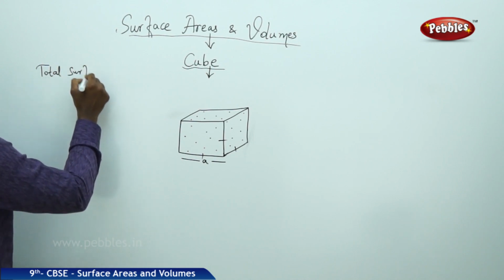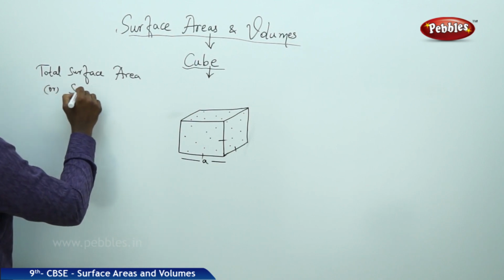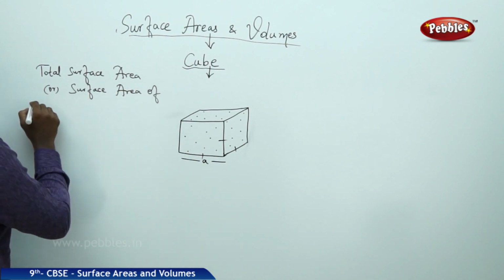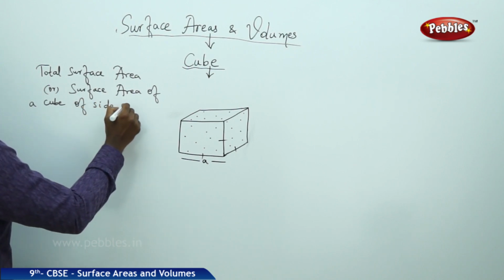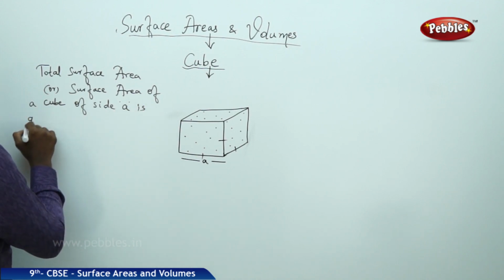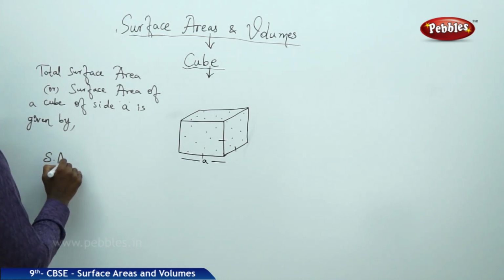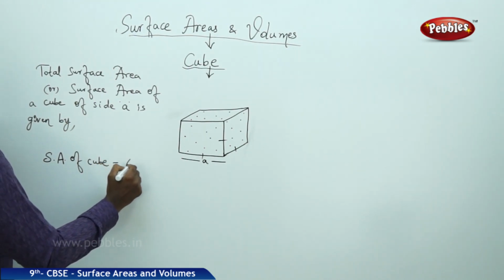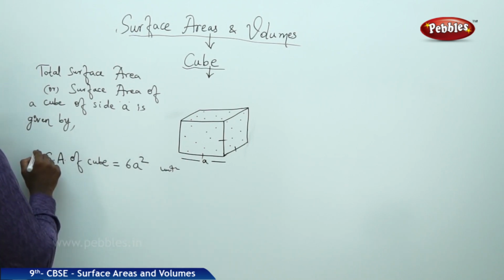Total surface area, or simply the surface area of a cube of side A is given by: surface area of cube equals 6a square unit square.